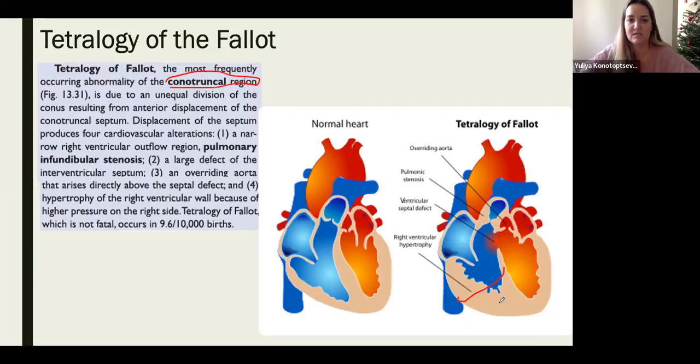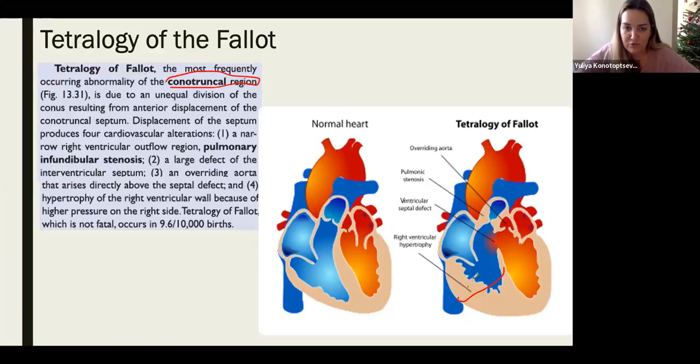Hypertrophy means in size. Hyperplasia means in number, and muscle can never undergo hyperplasia. It can only undergo hypertrophy. So cardiac muscle cells here increase in size, and this is known as the right ventricular hypertrophy.